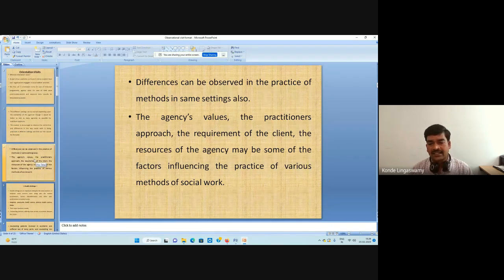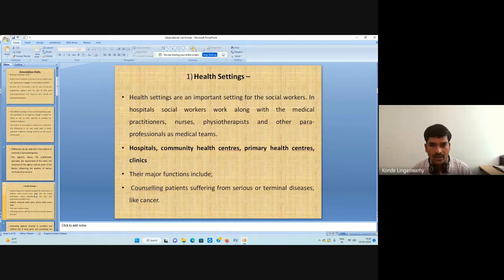Okay, we will discuss the settings one by one. First one, health settings. Health settings are an important setting for social workers.